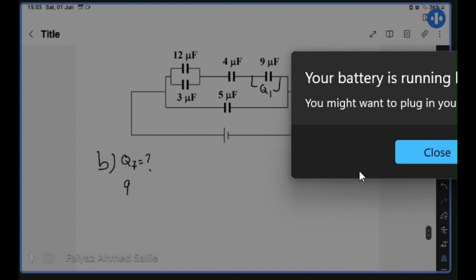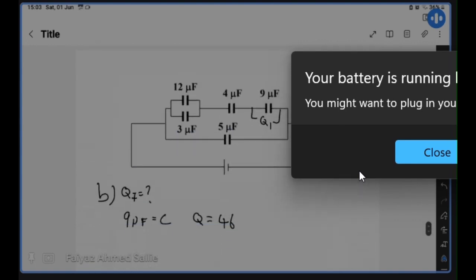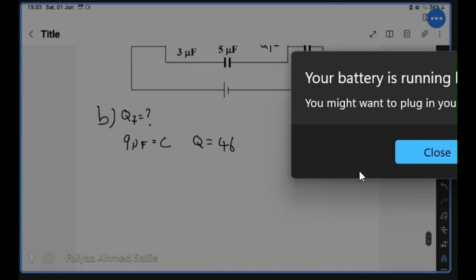So we have a 9 microfarad capacitor and a charge of 46 microcoulombs. So we have these two values. So we know from our triangle that charge is equal to capacitance times the voltage.